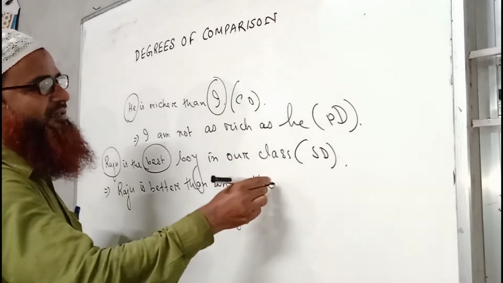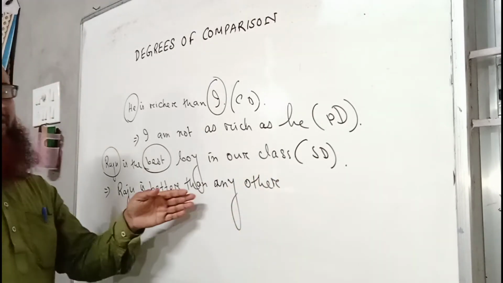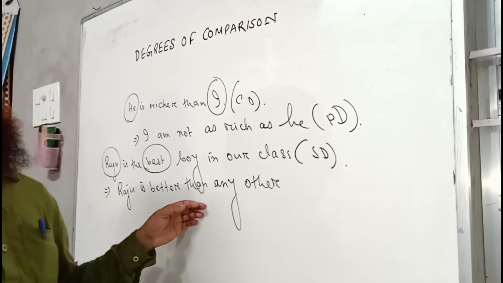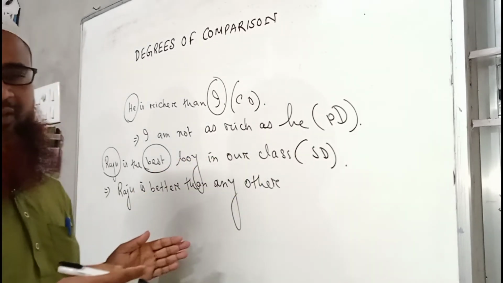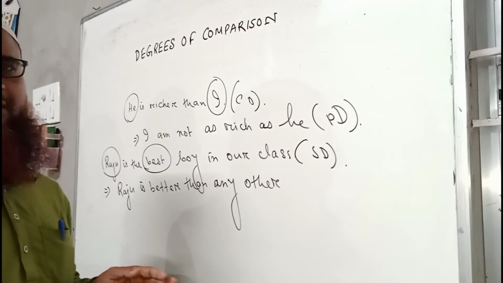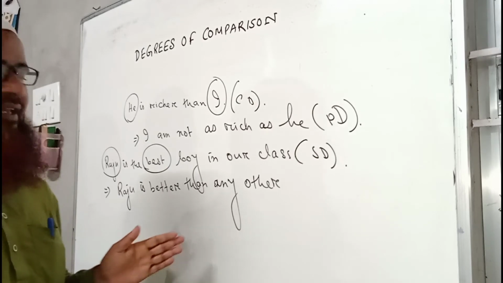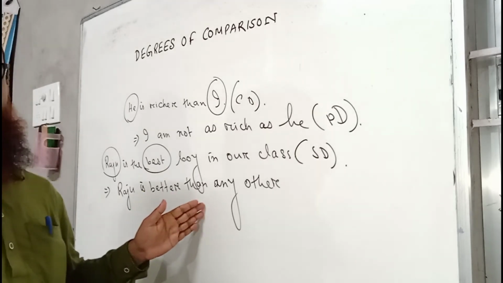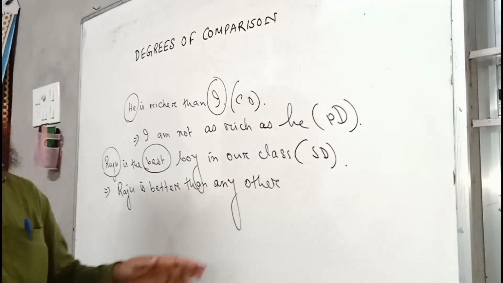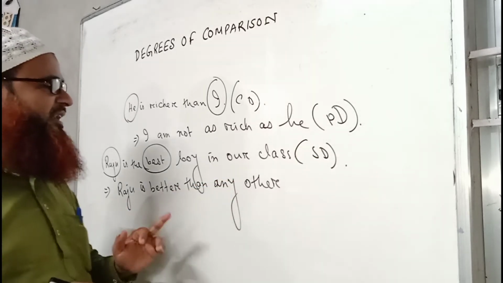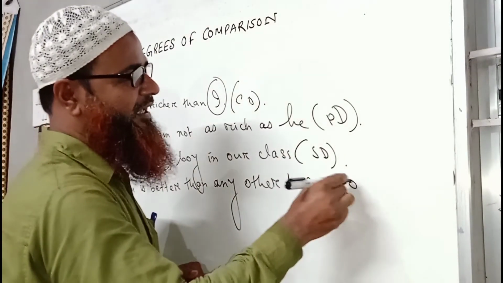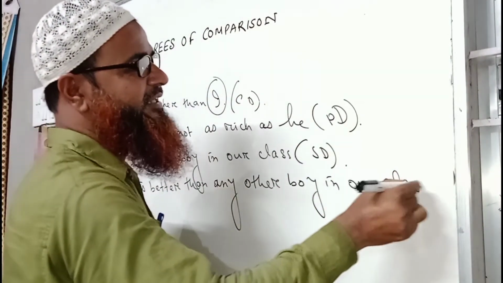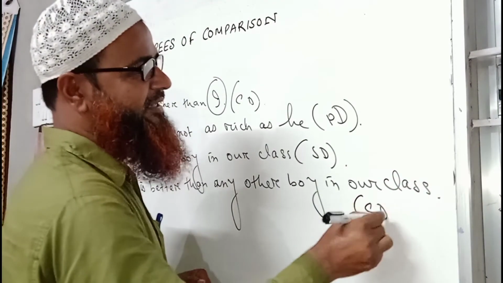This is the memorized part of comparative degree, where it will come automatically if we want to change into comparative degree. This is the most important characteristic of comparative degree. So, Raju is better than any other boy in our class. This is in comparative degree.